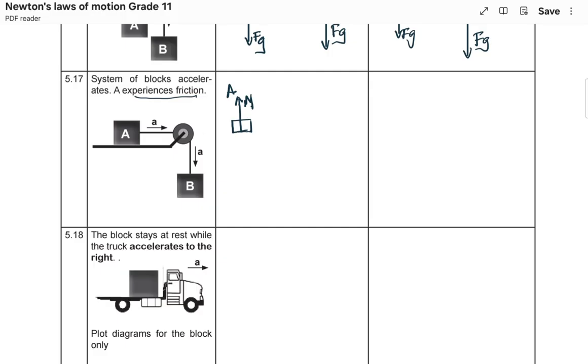There's a normal, there's a friction, there's a weight, and there's a tension, which I'm going to call T1. For B, it is hanging, so this will be T2.